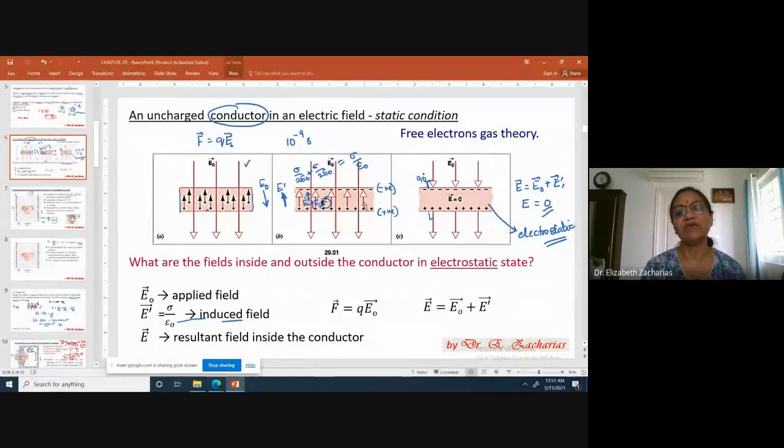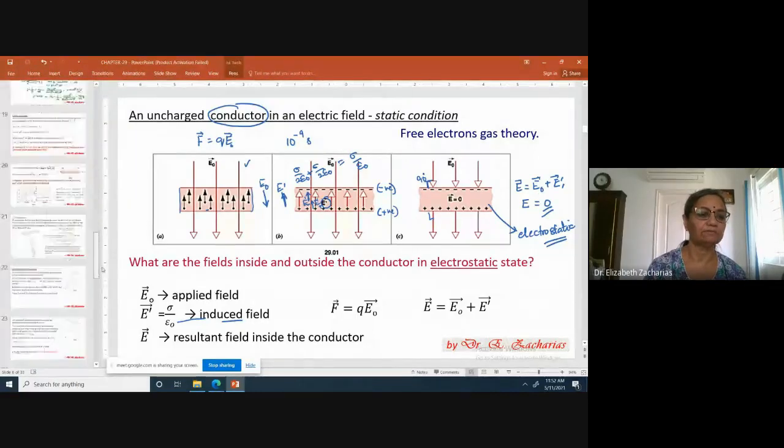This field will be exactly equal and opposite to E naught that you applied. Therefore, inside the material, the electric field is zero. This is electrostatic equilibrium in the case of a metal or a conductor. Now, keeping this in mind, let us go to a dielectric.